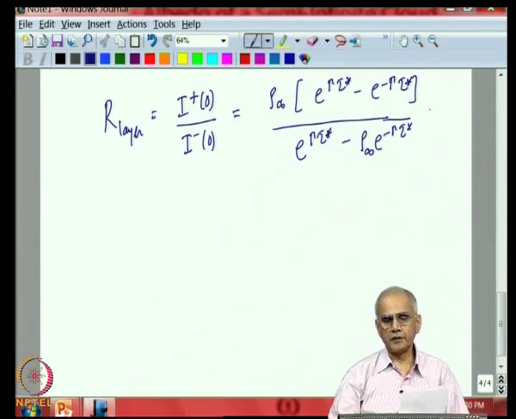So, this is an expression for reflectivity, and you can look at various limits of this expression.